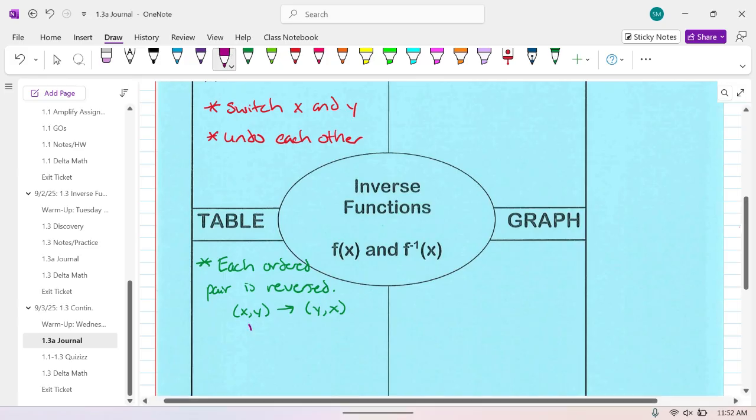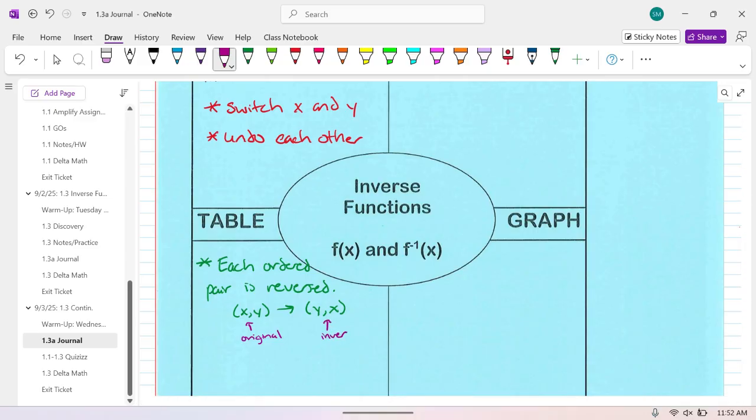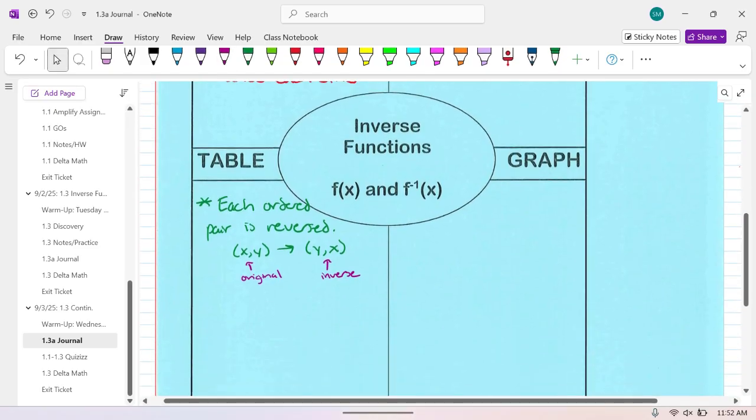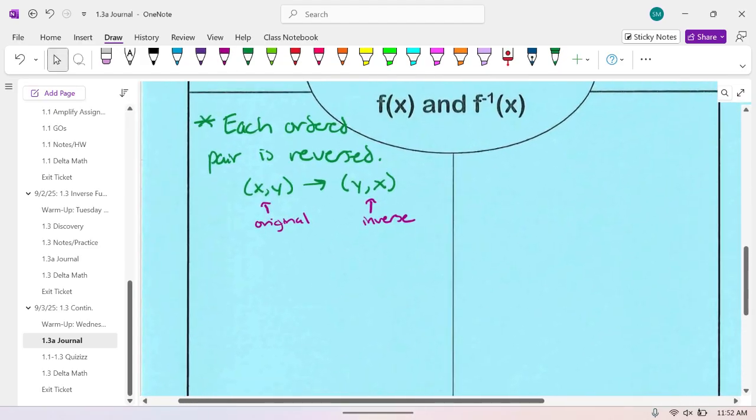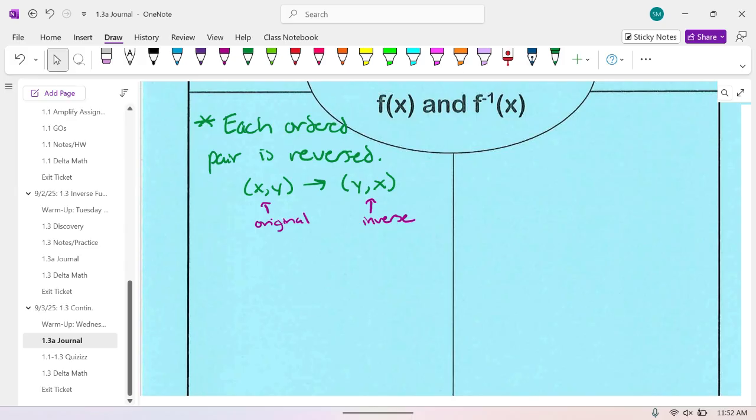So in other words, this would be your original. This one would be your inverse. Now, let's actually write out an example of this.